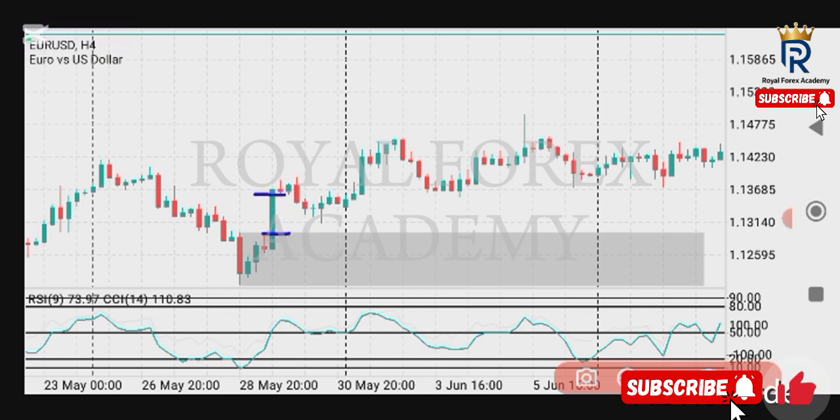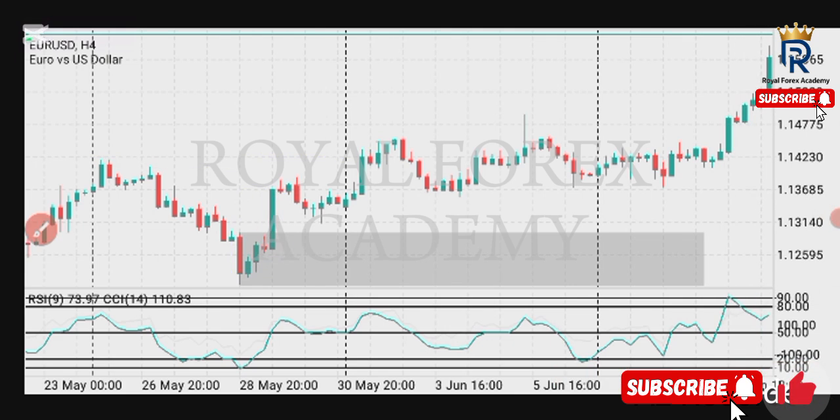The space left between here and here is what we are referring to as the imbalance. So we have an imbalance, which means that this order block is actually a valid order block. Among other requirements, a liquidity sweep is also a confirmation of a valid order block, and here price has taken liquidity, which means that this order block is actually a valid order block.